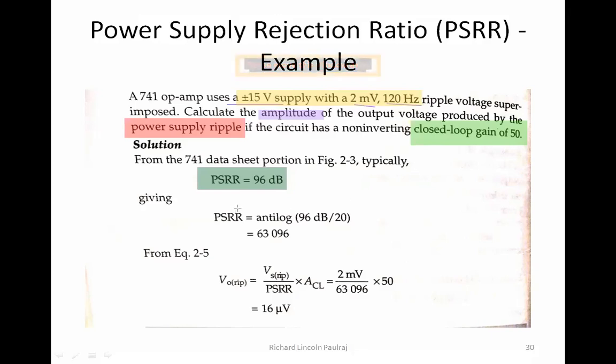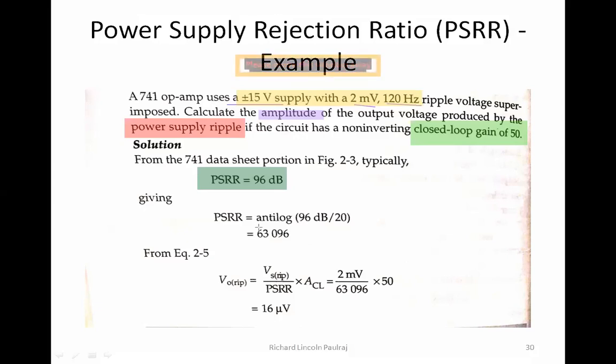Again, we are using the same tactic: we take the anti-log, dividing by 20, the reverse of the formula. Please check, are we getting about 63096? Yes, sir, we are getting that value.